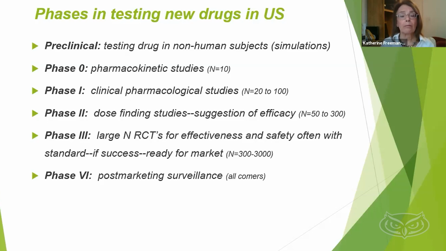Now, in March, NIAID started a phase 1 clinical trial for a potentially notable vaccine for COVID. And they're enrolling 45 subjects between the ages of 18 and 55 years of age.